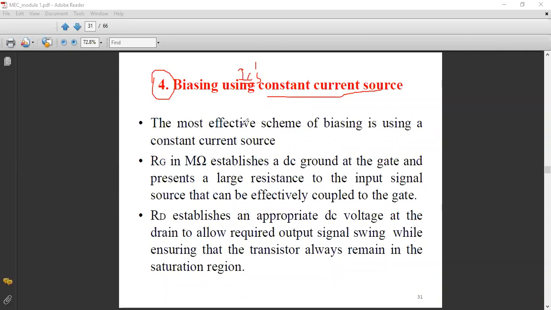Compared to the previous three schemes, this is the most effective scheme of biasing, and it is the most appropriate one to use while designing ICs, or biasing integrated circuits.